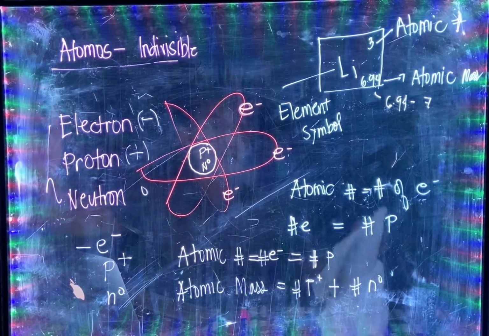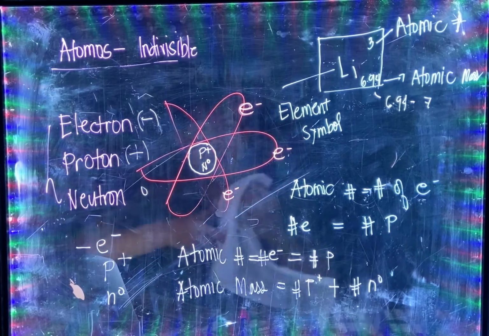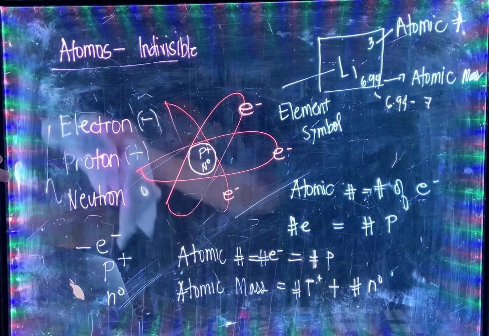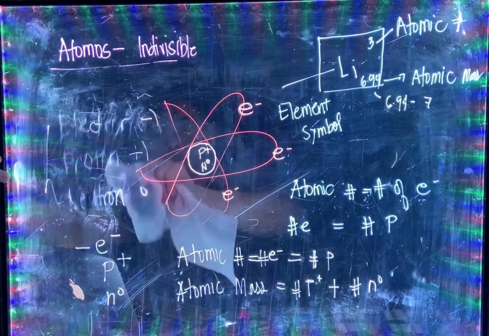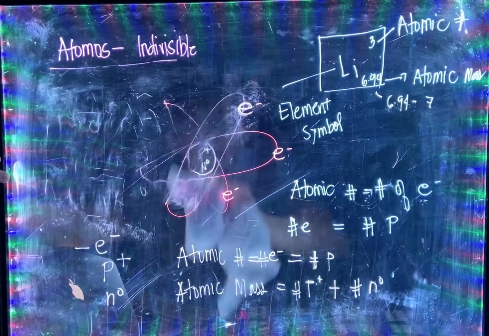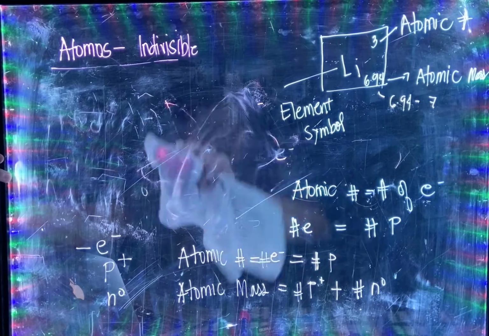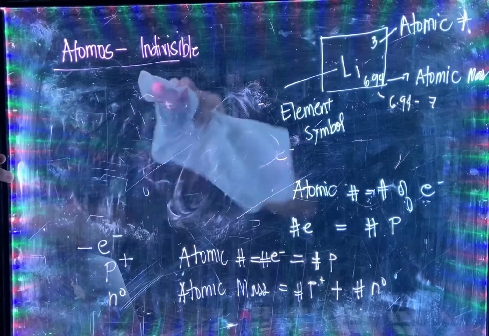Okay. So let's calculate the atomic mass of lithium. Right? So let's try to calculate them. Okay, let's calculate the atomic mass for lithium. And we are for lithium, right?